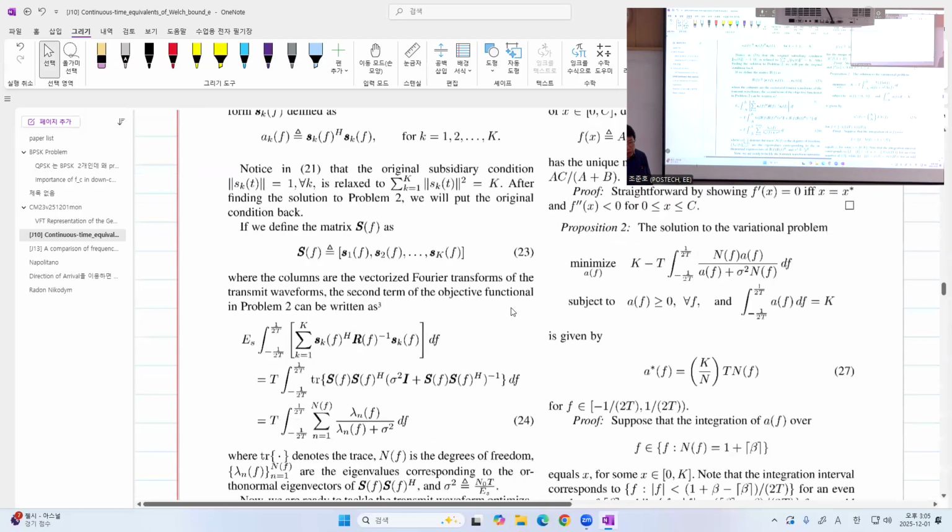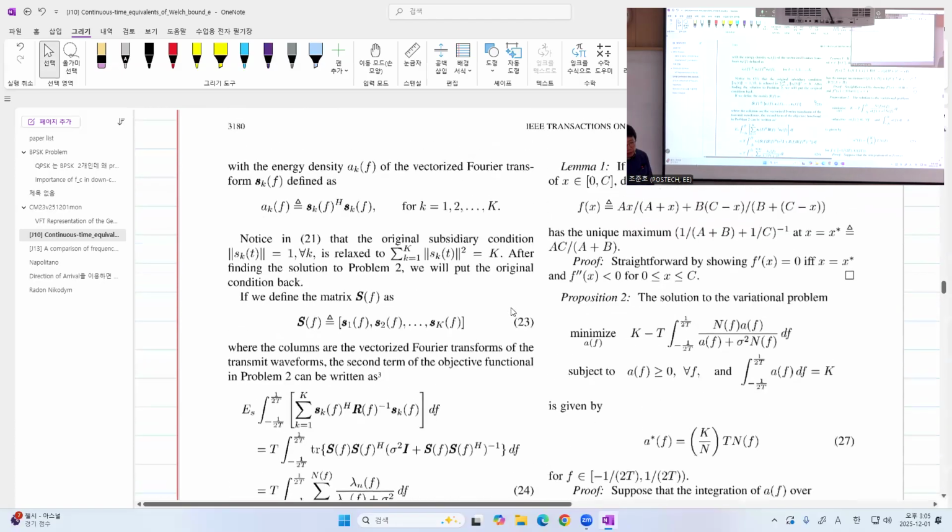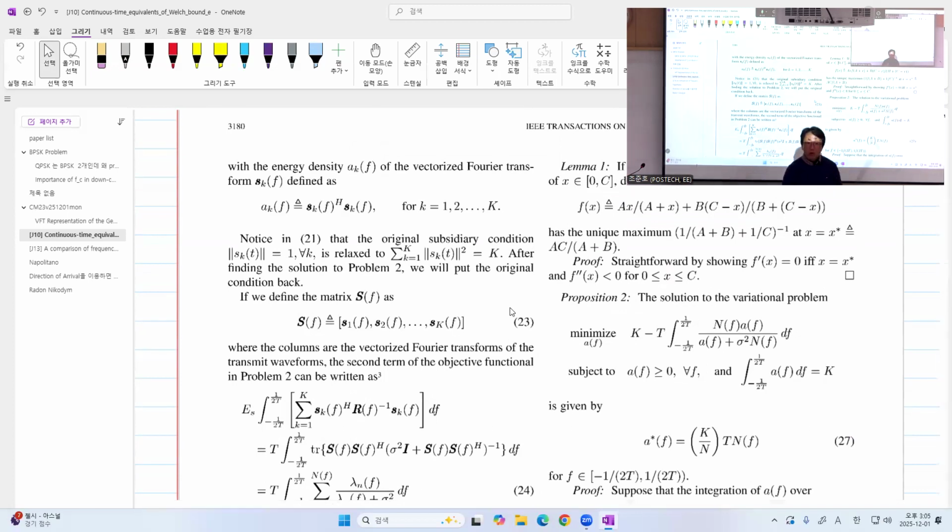And to optimize this A(f), the trick is, hey, let's assume that the A_k(f)'s are chosen somehow, and then let's find the optimal S_k's first. And then let's remove the effect of our choice. We may find the minimized mean squared error in terms only of A_k's, and then we optimize with respect to A_k. That's the idea. So here goes that problem.